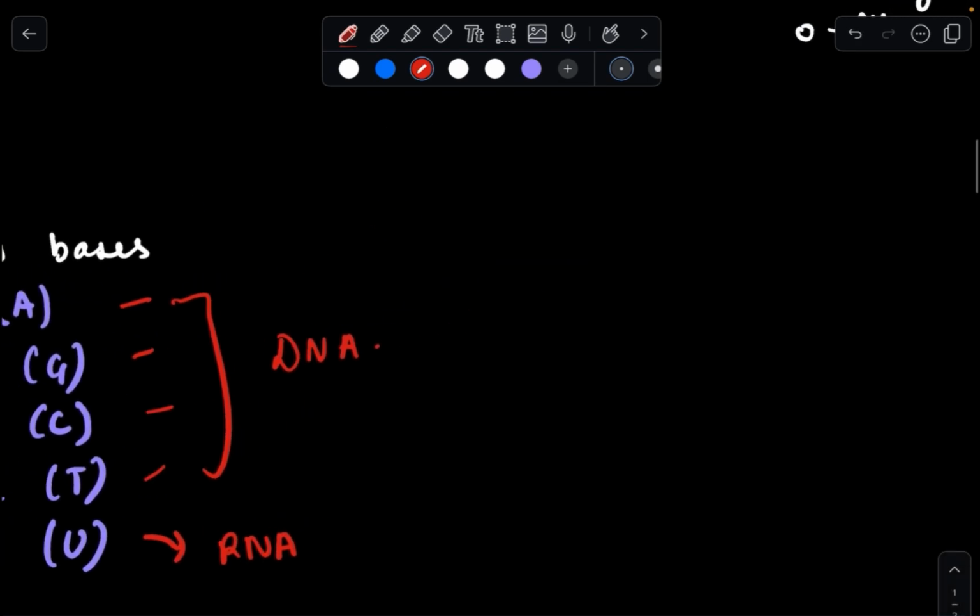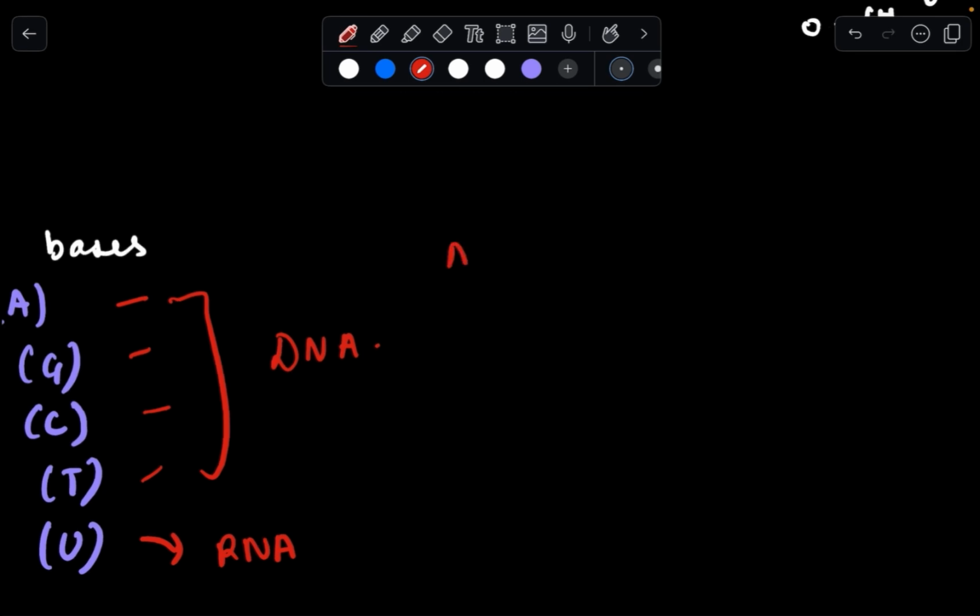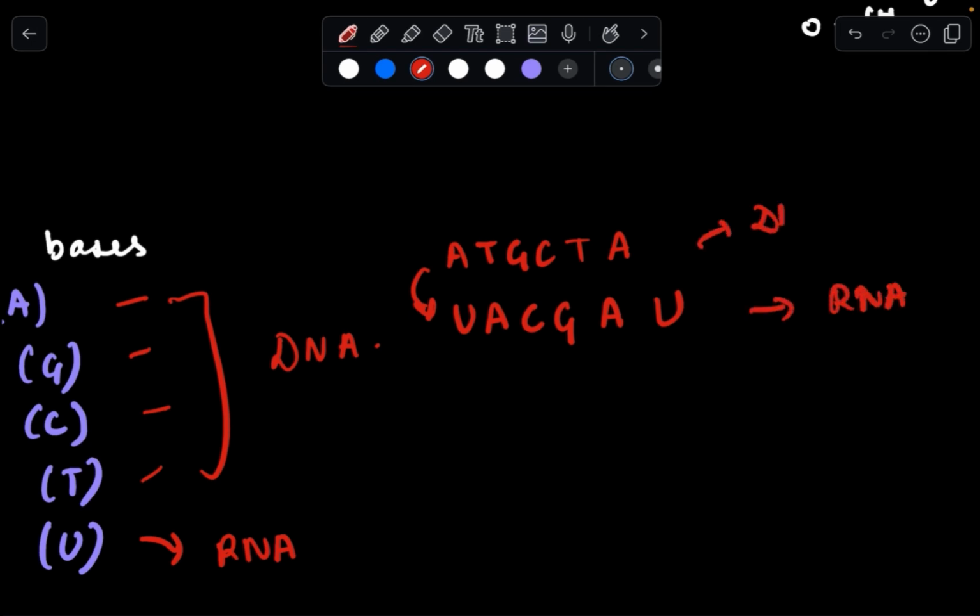So if there is a DNA sequence A, T, G, C, T, A, and it is transcribed to RNA, it would be U, A, C, G, A, and then again U. So there would not be T. So this is RNA and this is DNA.